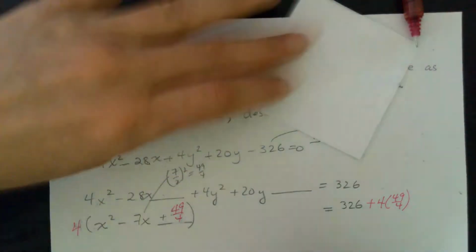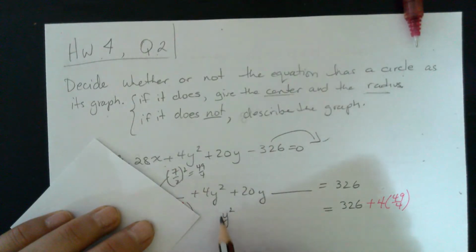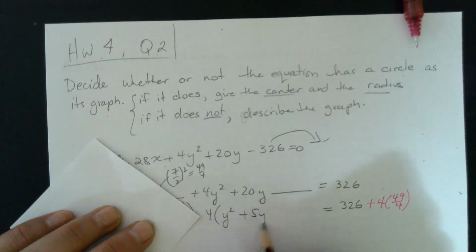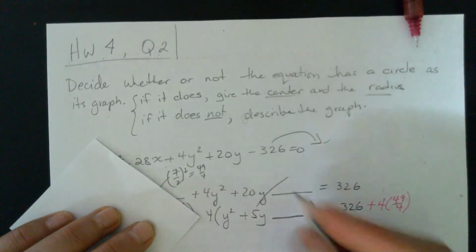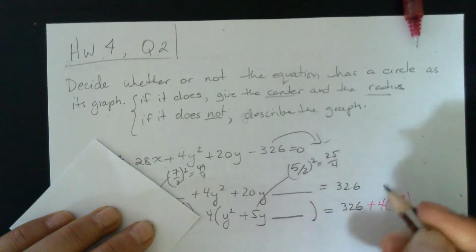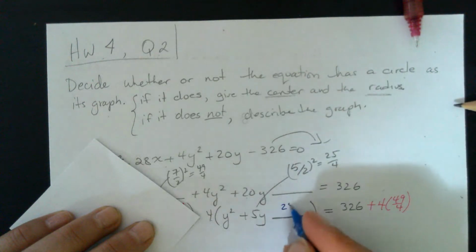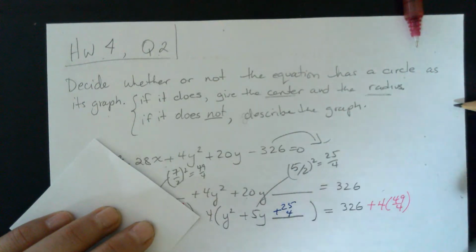Now I'm going to do it with the y's. The y squared needs to have a 1 in front of it, so I have to take out the 4. And I have to go 20 divided by 4, which is 5y. Leave the space. Now I'm going to complete the square here. 5 divided by 2 squared equals 25 over 4. So now I'm going to put 25 over 4 here.